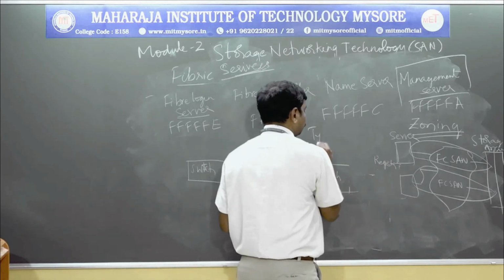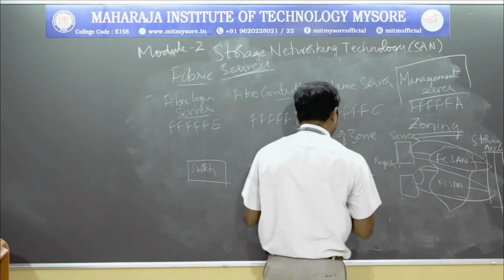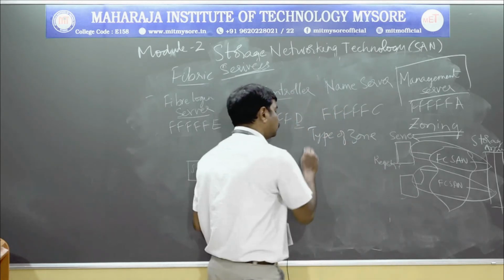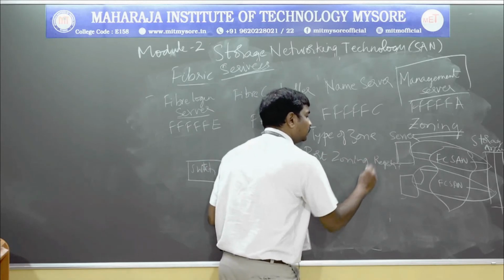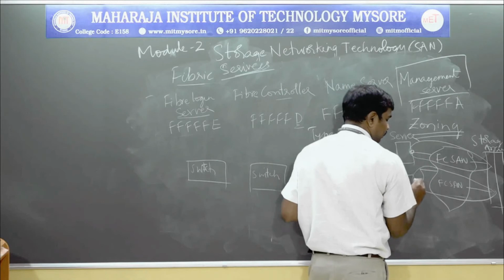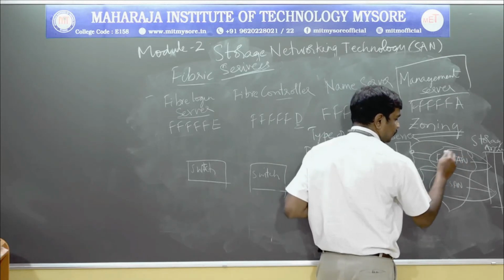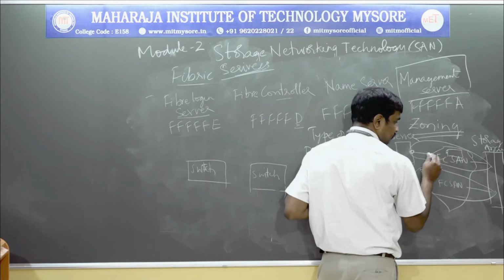Types of zones into different sectors. One is called port zones. Port zones means in the port itself. For example, if you have switches, as I told, whenever we are connecting one device to another device, we are connecting to the port itself.